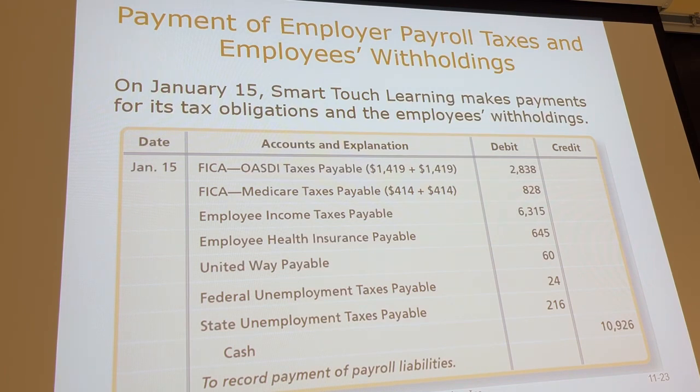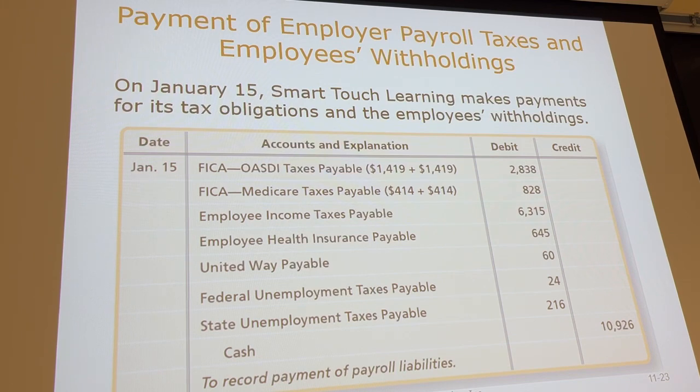First of all, we're sending in the money to the IRS for the Social Security tax. That's where it says FICA, OA, SDI. Now notice that we're sending in the money for both the employee's share and the employer's share. That's why it's double the $1,419 amount, because we have to send in both the employees and the employer's share.